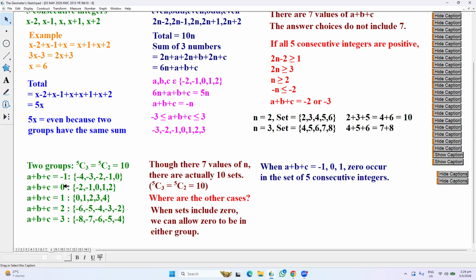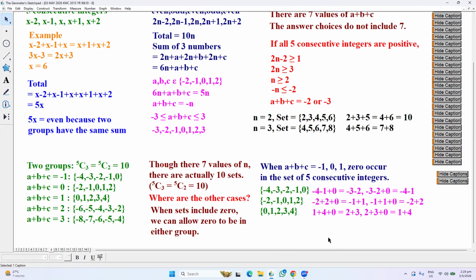When it's minus 1, 0, or 1, we will have 0 occurring in the set of 5 consecutive integers. These 3 sets contain 0. Then we can have minus 4, minus 1, 0 equal to minus 5, with minus 3, minus 2. But we could have chosen minus 3, minus 2, and 0 as a different group.